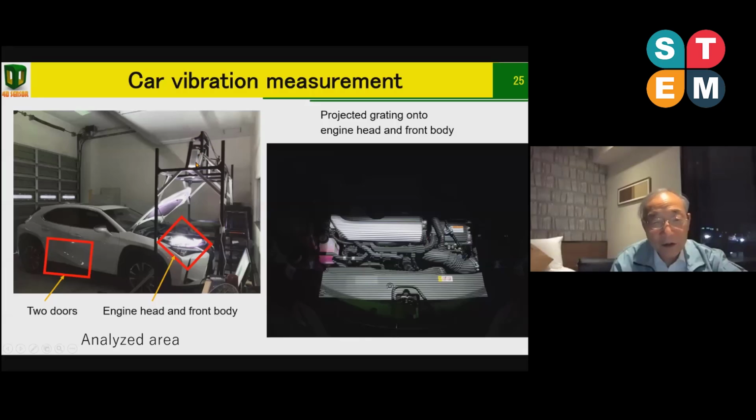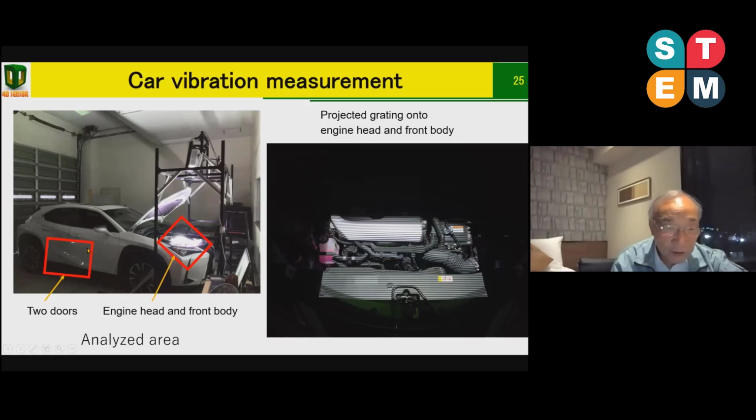We applied this method. Here is the projector, and here is the camera. We project the grating on the engine and front grille head cover, so we analyze this area's vibration.